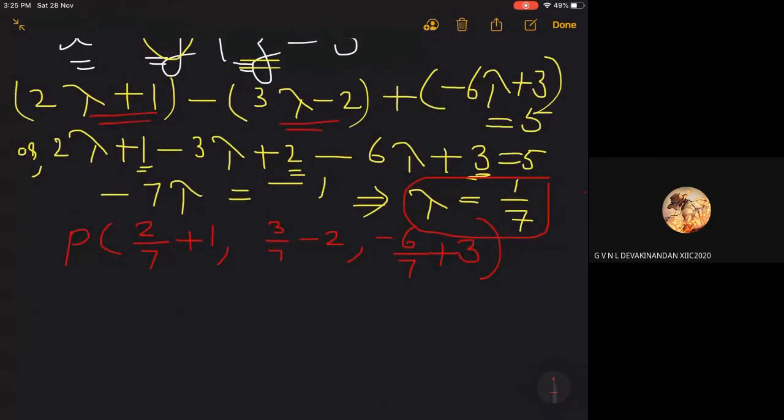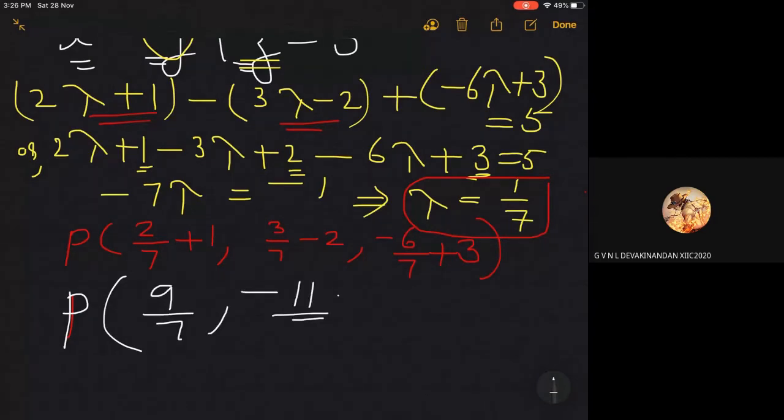So you are getting the coordinates of P as 9 by 7, minus 11 by 7 and 15 by 7. I hope you understood. This is the answer.